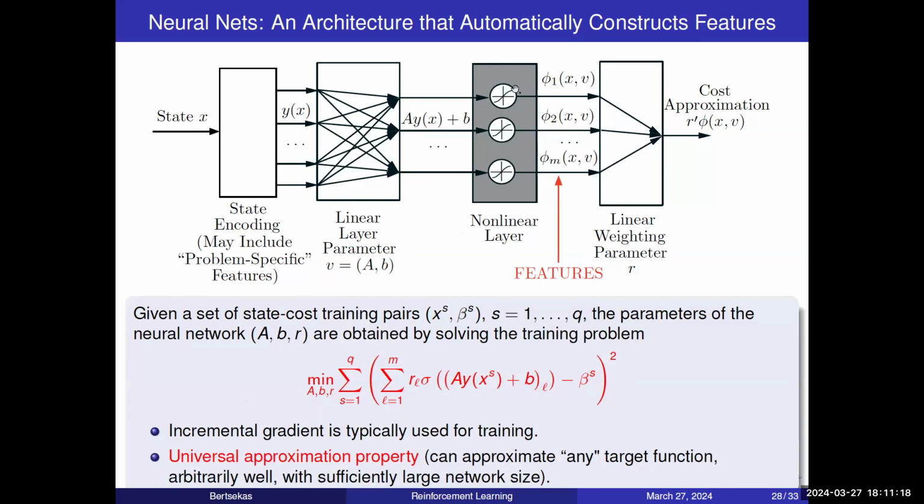So as long as the number of nonlinearities in this one single layer is large enough, whatever continuous function you have as a target, this neural network can approximate.